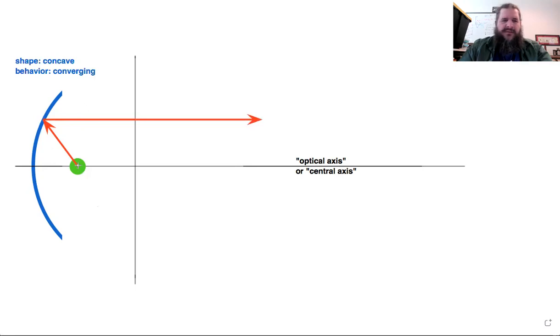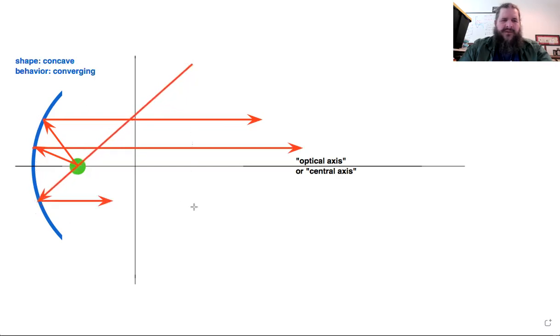And that's true for any ray of light that comes out of the focal point, or even if it didn't start from the focal point. Let's say you've got a ray of light from somewhere else that passes through the focal point. That ray of light is going to bounce off to become parallel. Or even if it didn't pass through, let's say you got a ray of light that started at this location, but it's going straight away from the focal point.